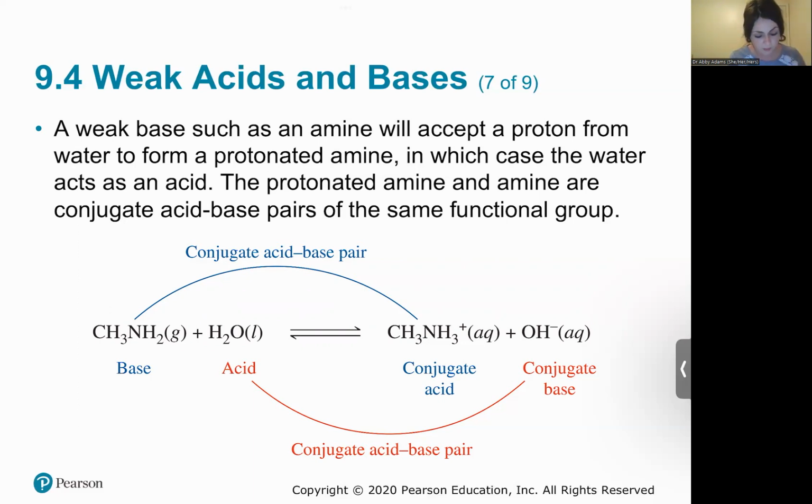That's just applying what we talked about in terms of functional groups. So you have a base that accepts a hydrogen, and the one that has picked up the hydrogen is now your conjugate acid.